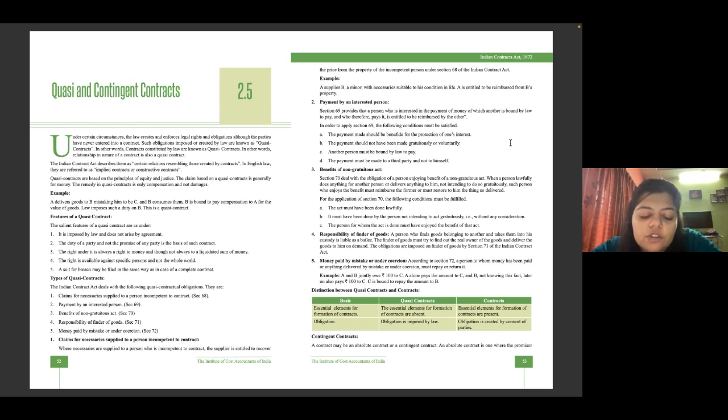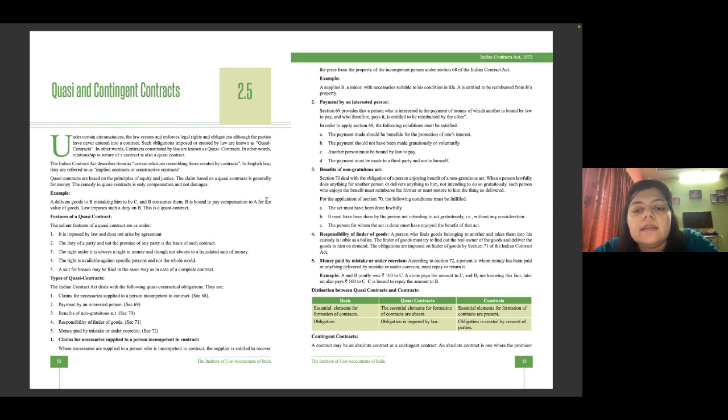The nearby grocery shop decides to give him some supplies of food, but in return asks for money from the father when the father comes back for feeding the child. So, in such cases, there would be a quasi contract between the father and the grocery shop owner who has supplied the particular boy with food when he required it. That's a quasi contract. And there are many kinds of quasi contract.